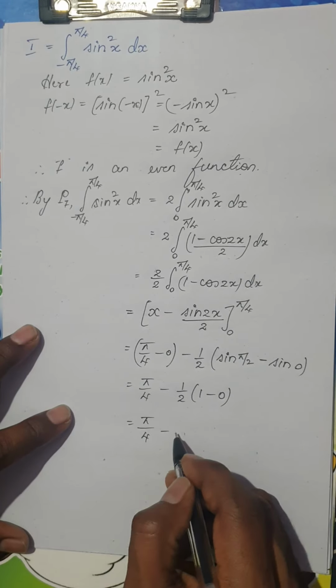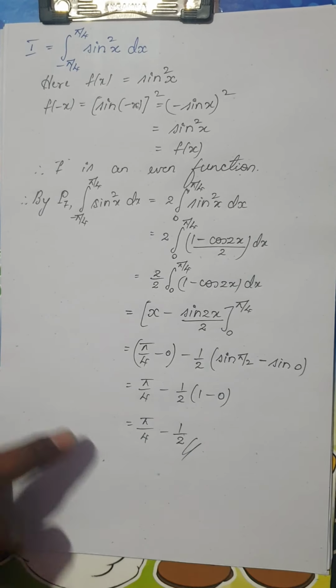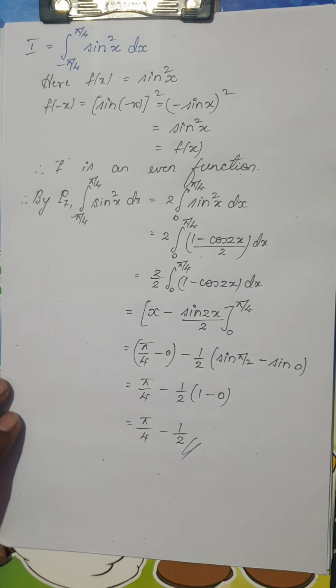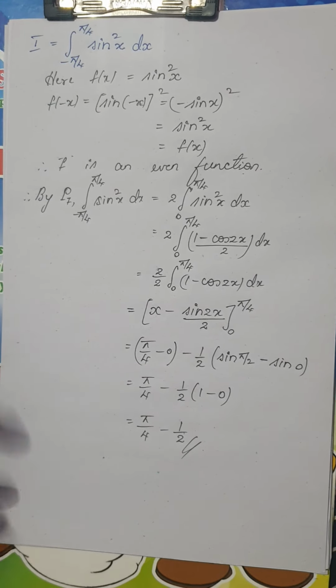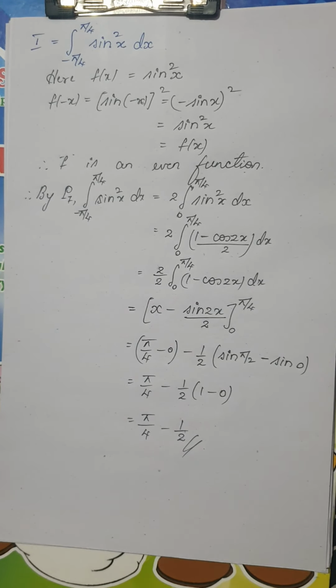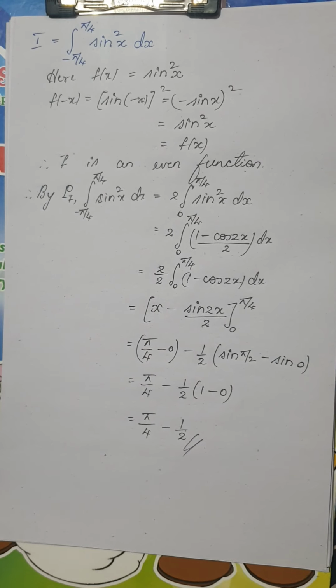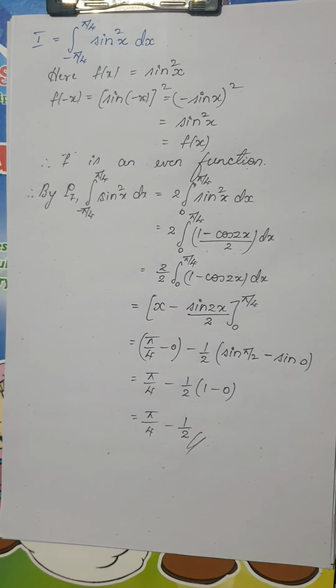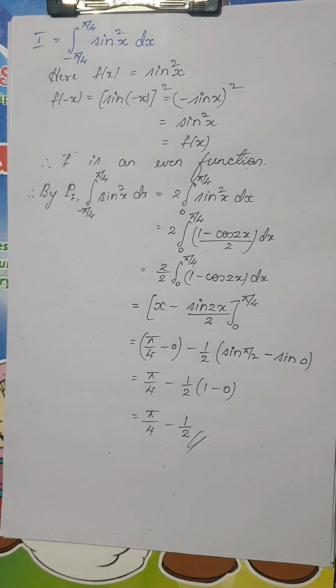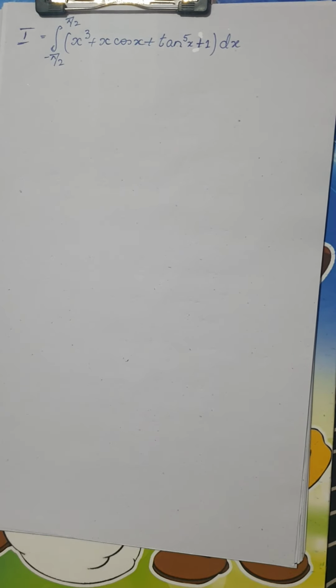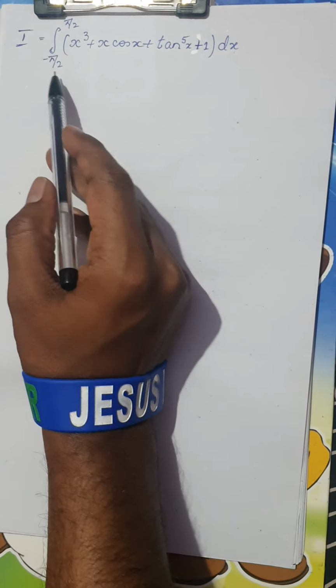Therefore final answer for this integral would be pi by 4 minus 1 by 2. Okay, very easy questions these are. Try to practice these questions so that you can easily solve them in the examination. Okay, dear students, let us move on to the one last question for the session.